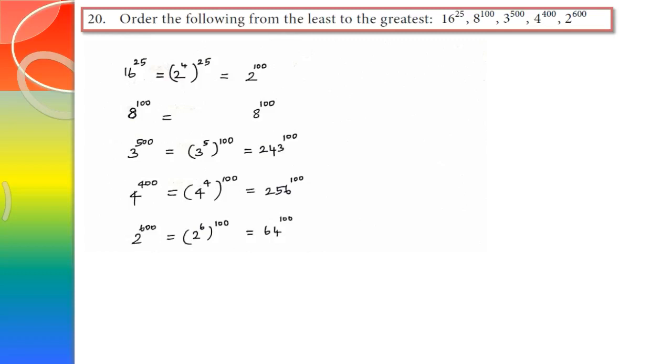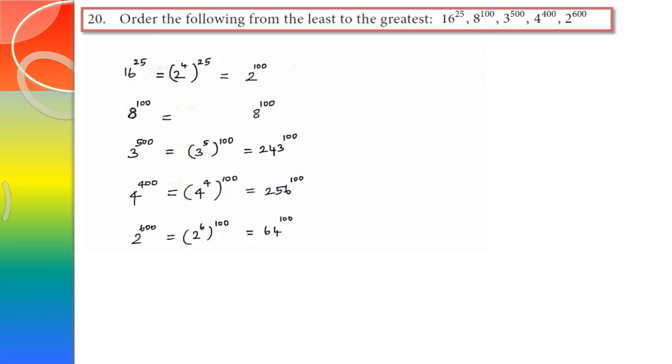Next, 8 power 100, simply written as 8 power 100, no change. Next, 3 power 500 is written as 3 power 5 into 100. So 3 power 5 is 243 power 100. Next, 4 power 400 is written as 4 power 4 into 100.